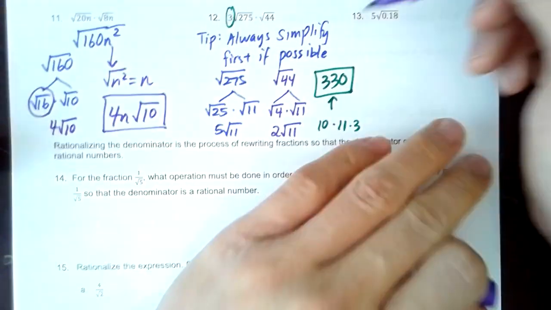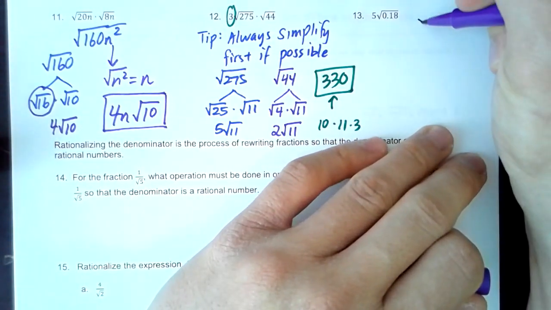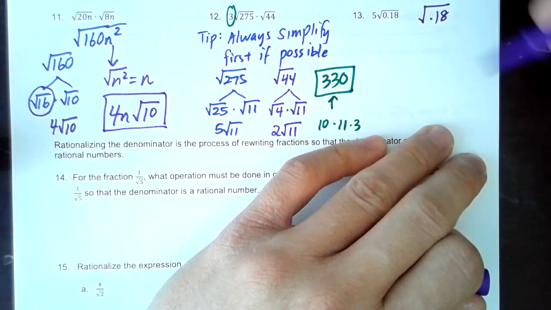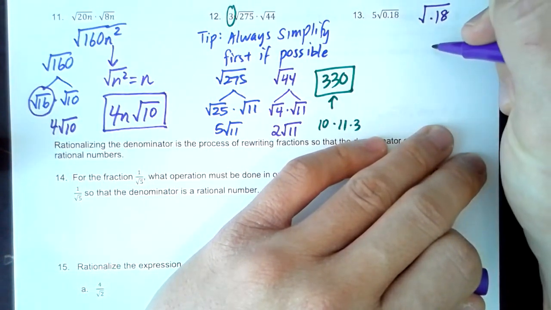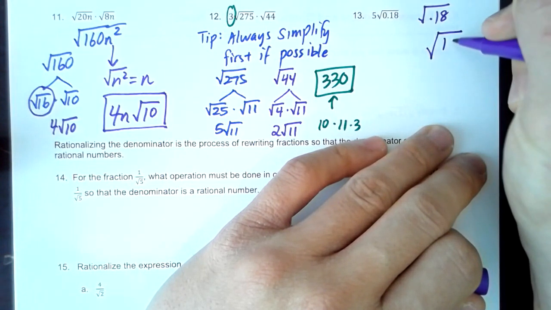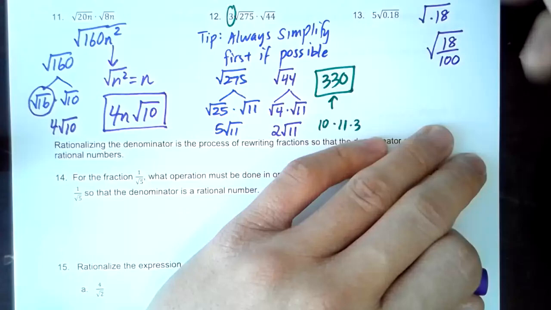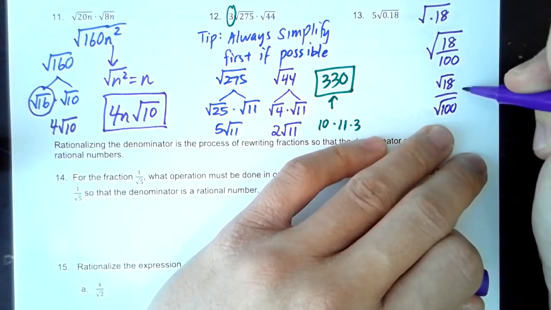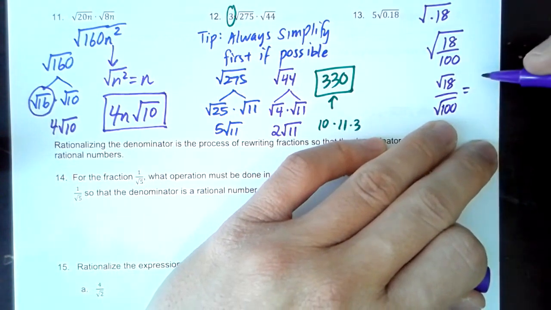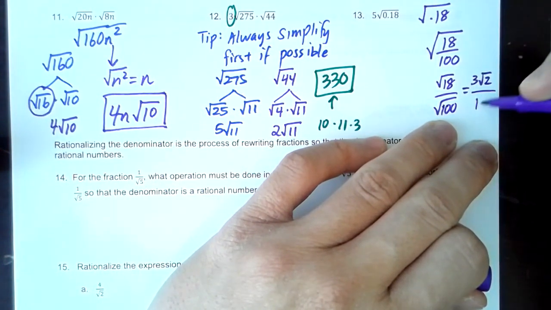Okay, and then 13. I made a video about this earlier, but if you have the square root of a decimal, you always want to convert it to a fraction to make your life easier. This becomes 18 over 100. So this becomes the square root of 18 divided by the square root of 100. Square root of 18 is simply 3 root 2. Square root of 100 is 10.